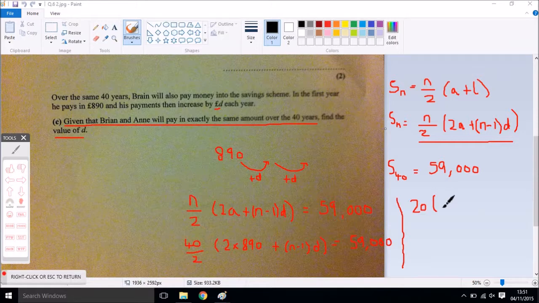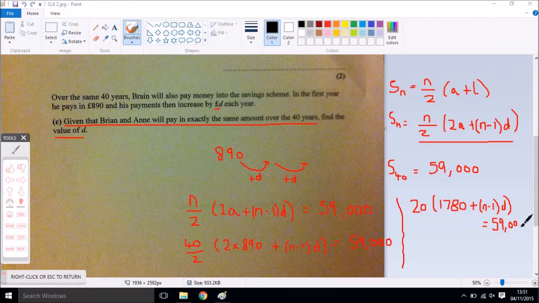So 900 times 2 is 1800, and then take away 20 from there would give you 1780. So that will be 890 doubled, and we have plus n minus 1 d, and that's all equal to 59,500.